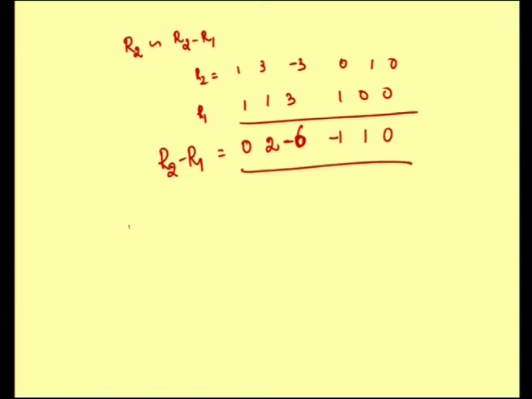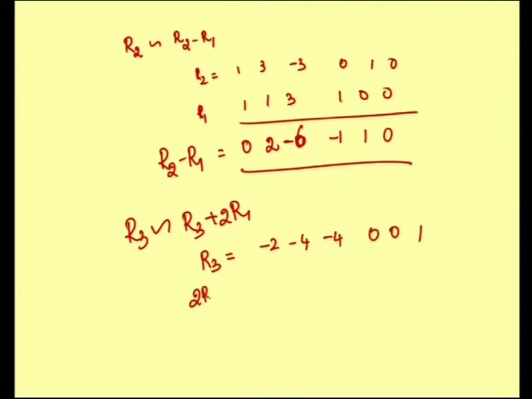And then our next operation is R3 equivalent to R3 plus 2 times R1. What is R3? R3 is minus 2 minus 4 minus 4, 0 0 1, and 2 times R1 is 2 2 6, 2 0 0. Then just add.